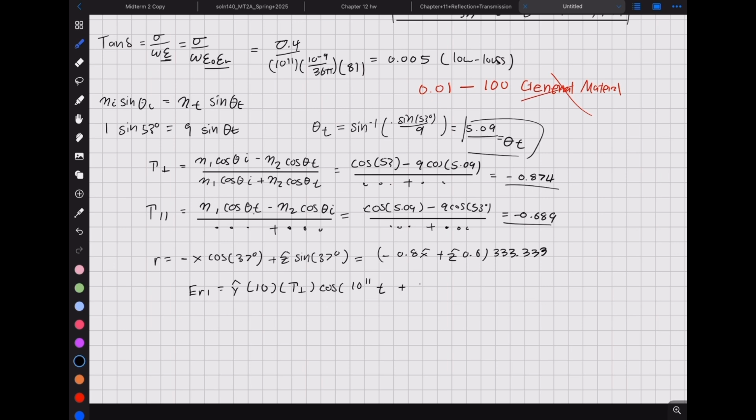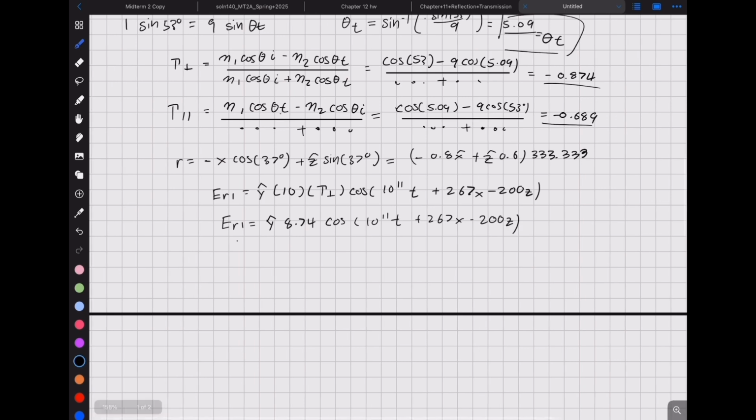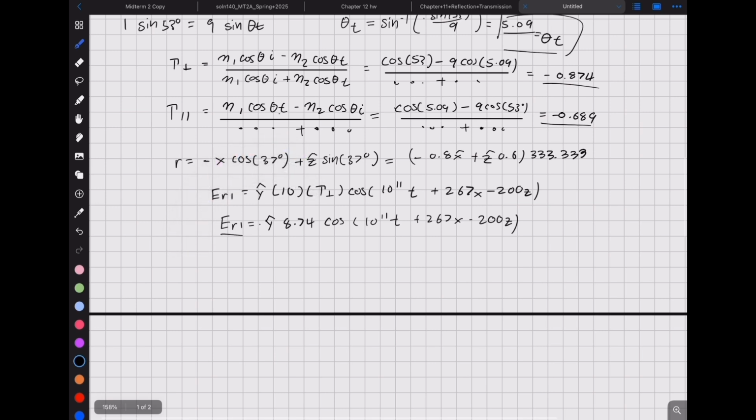Because they're in phase, all of this is going to be the same, minus 200z. Doing the math, E R of 1 would equal y hat 8.74 cosine 10 to 11 t. So that's our E R of 1, negative, because from the perpendicular gamma.